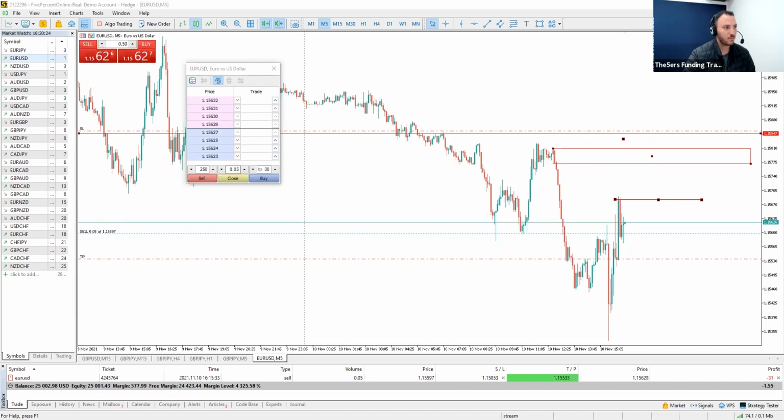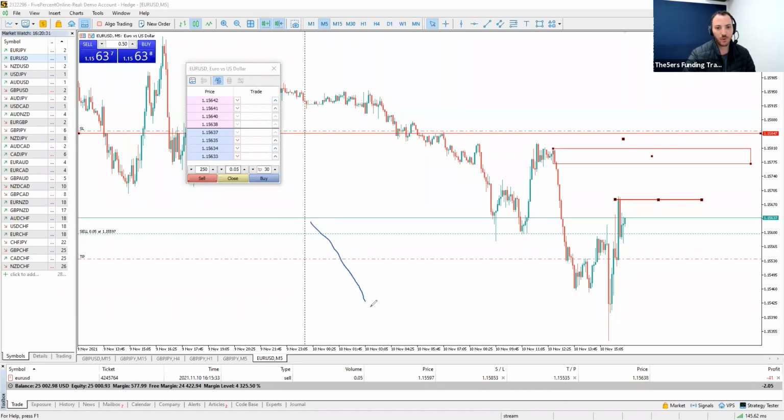So if you're waiting for the trend and the pullback, once the pullback goes on, you can start taking shorts, and once you have confirmation that the market is actually turning around, then you can add more trades.